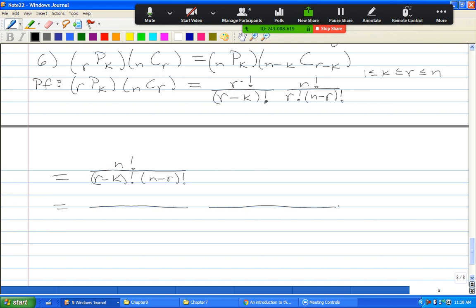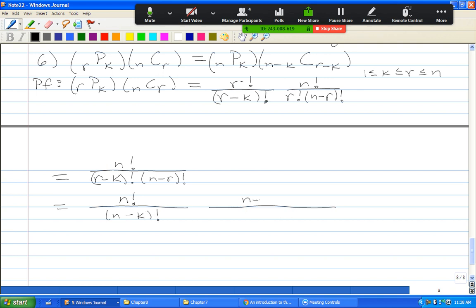Let me write this as a product of two things. So let's write this as N factorial over N minus K factorial.